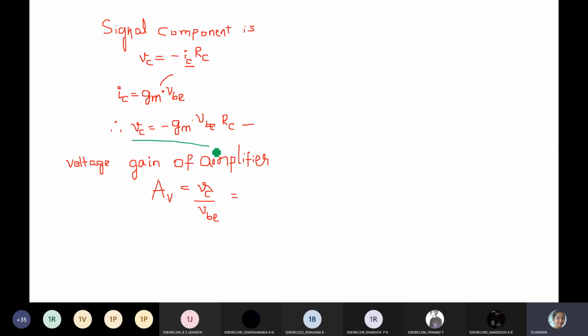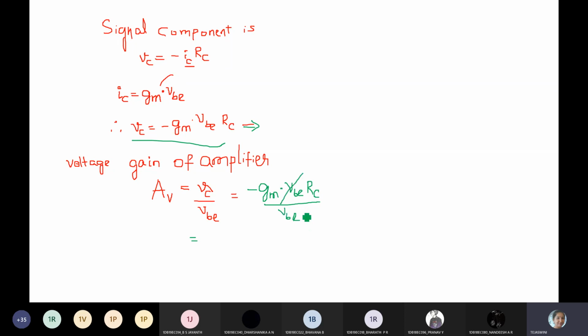Now tell me what is VC from this expression? VC is minus GM into VBE into RC, divided by VBE. Now what is the final expression?